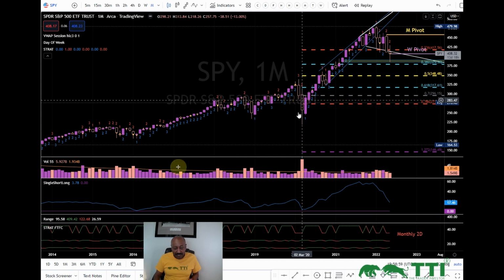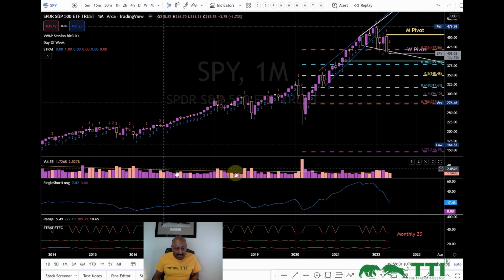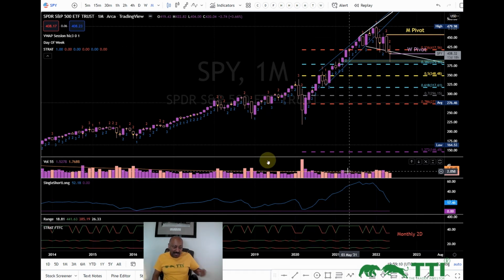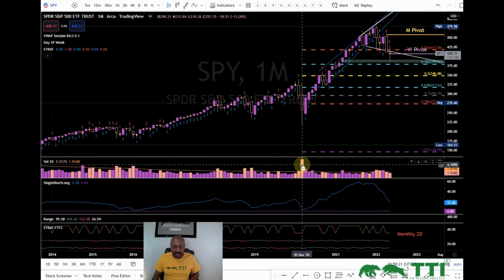The orange line you see is the average volume. It's a monthly chart, so it's the average volume over the previous 55 months, and it shows how far above or below the average we are. The further away we are from the average, the stronger that move, up or down.